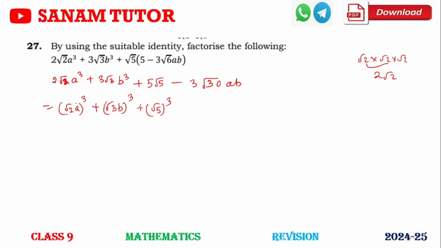Any doubt? Now this is 3abc, that is 3 into a is root 2a, b is root 3b, c is root 5.